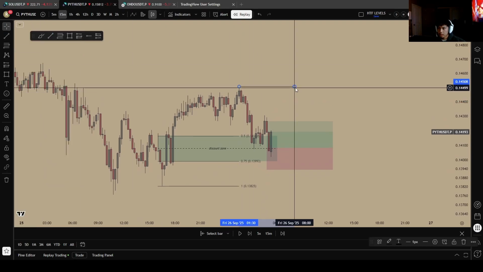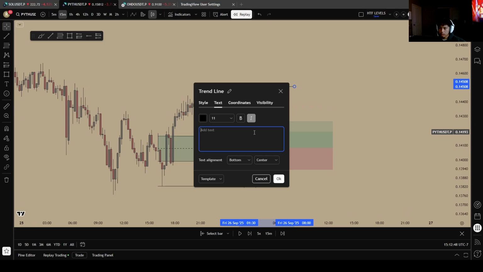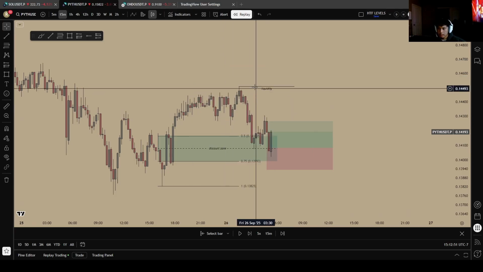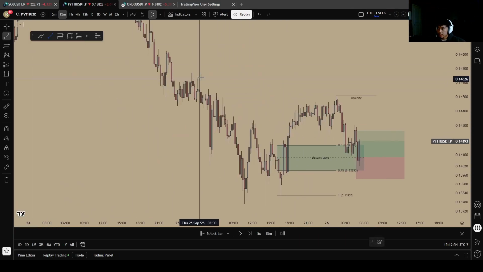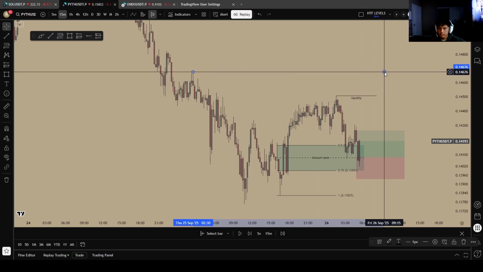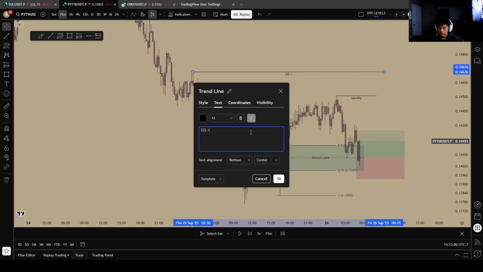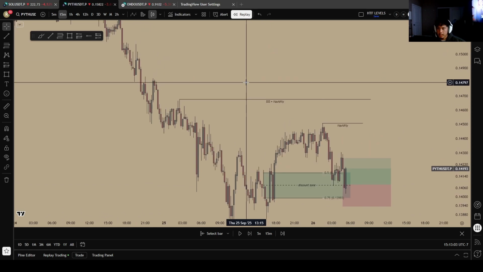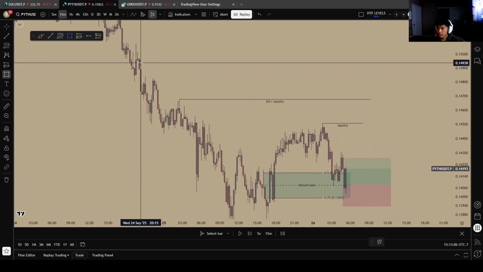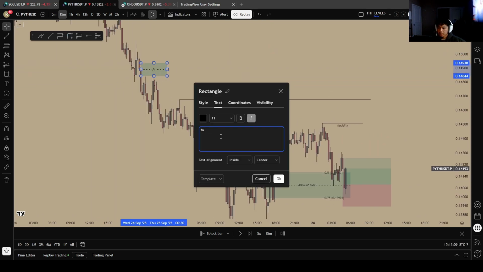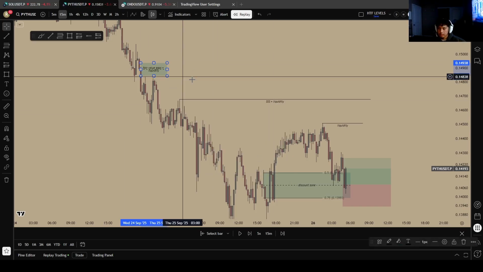So I'm also going to talk about that. This is liquidity right here. Liquidity is basically your entire chart, but I'm just going to show you liquidity. Okay, money signs equal liquidity. Fair value gaps equal liquidity.